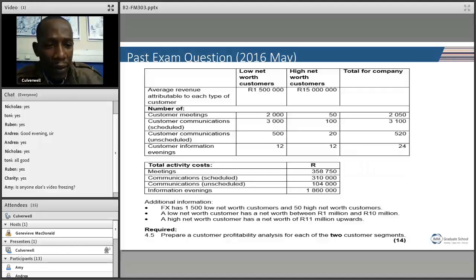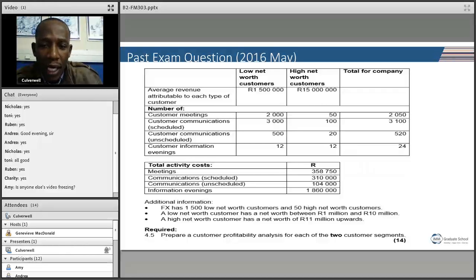So the hint I wanted to talk around is the number of customers. If you look, they put a colon there, and then they say customer meetings, 2,000 for low net worth customers and 50 for high net worth customers. Those items are not in rand terms.